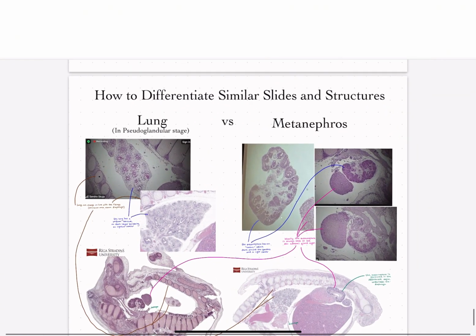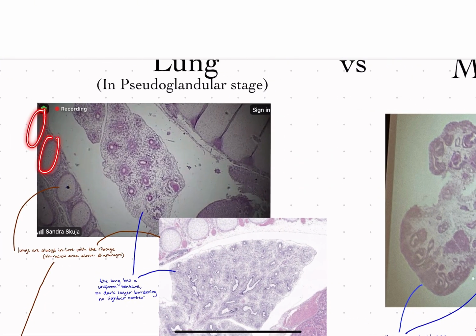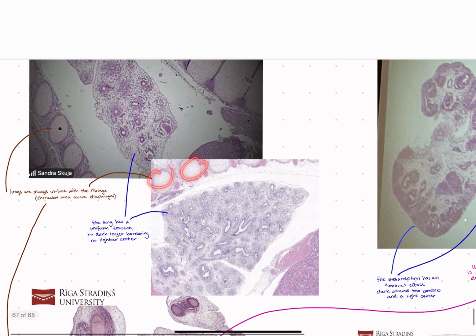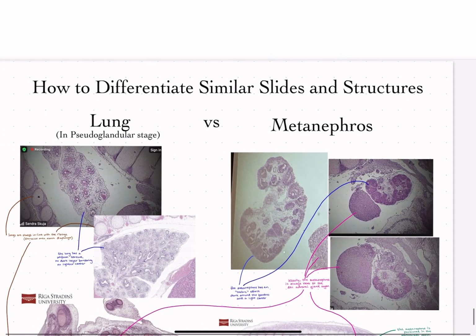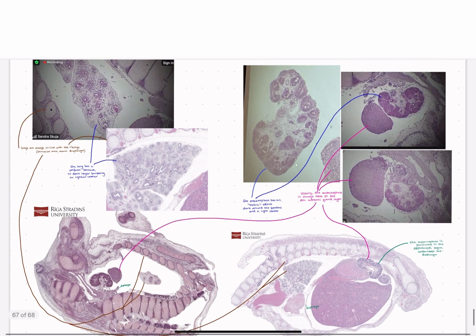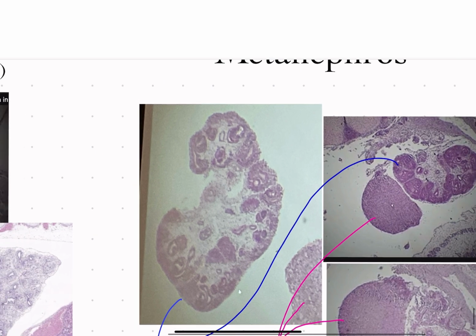So how to differentiate the lung from the metanephros. The lung is, like I said, always in the thoracic region, so it will be followed up by all of these developing ribs. You can see it here as well. While the metanephros is in the abdominal region. Another difference is the texture, or the 2 sections of the metanephros. The metanephros can be divided into 2 sections.